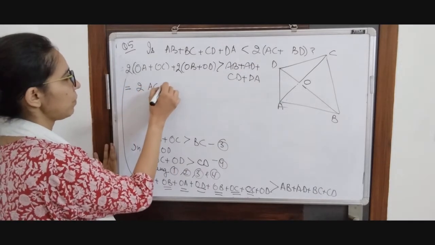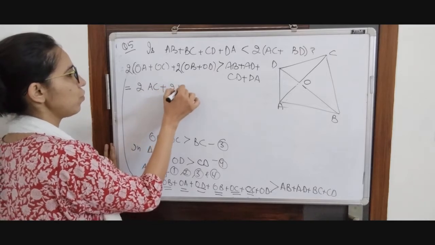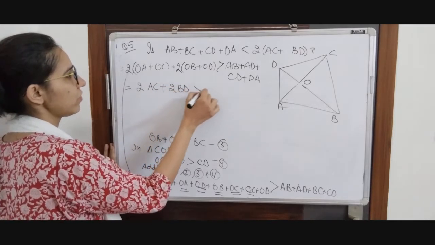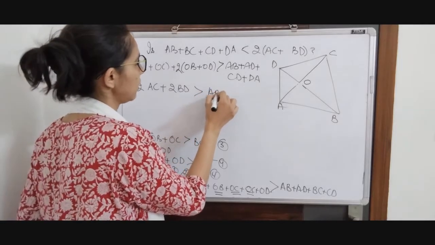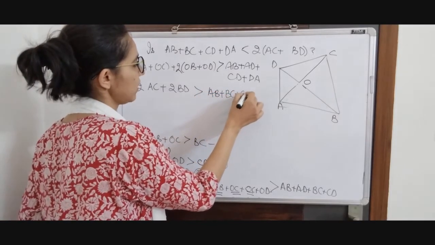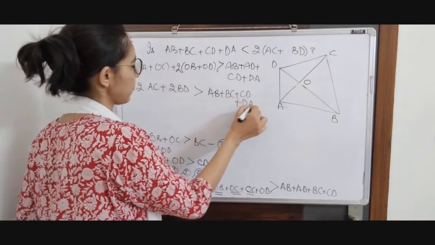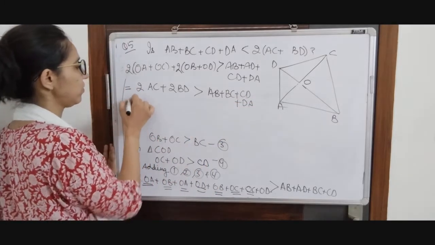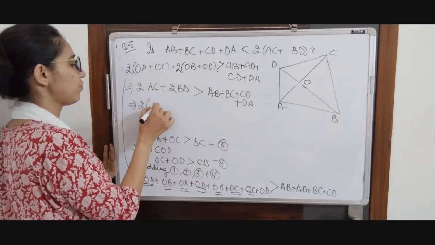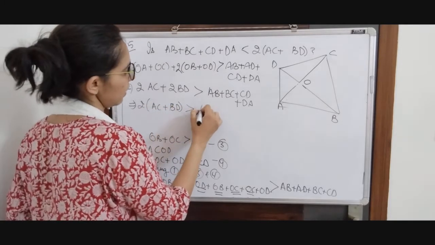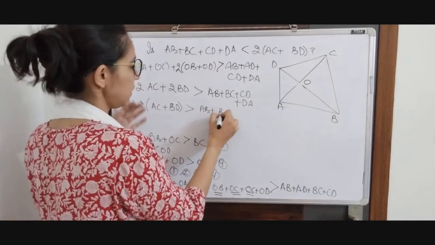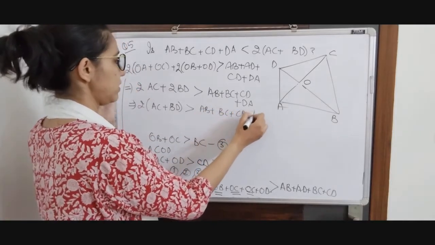So this is going to be 2AC plus 2BD, which is greater than AB plus BC plus CD plus DA, which means that twice of AC plus BD is greater than AB plus BC plus CD plus DA.